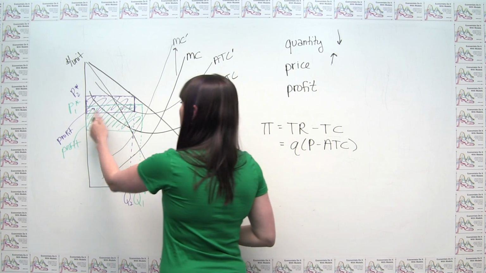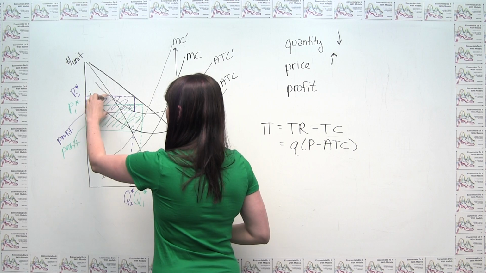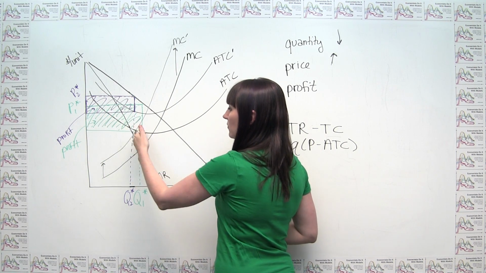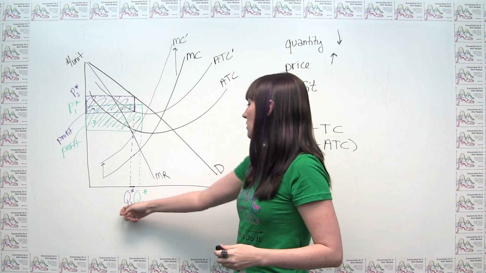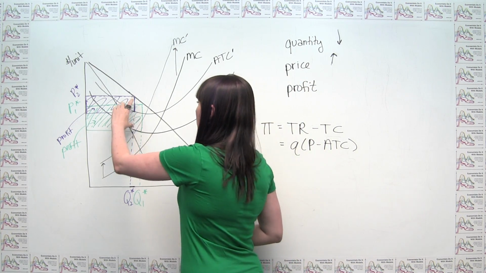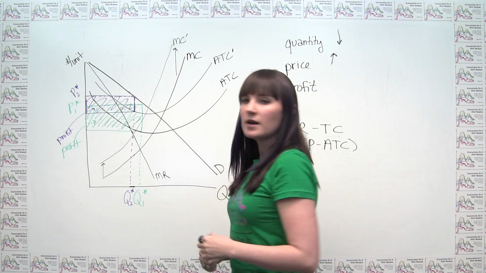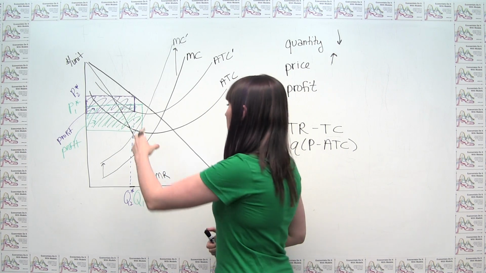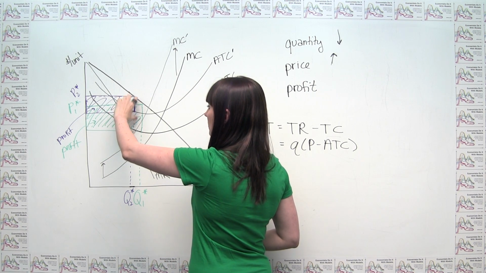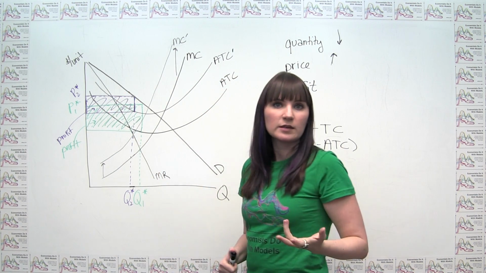So we know for sure that the width of the profit rectangle for the purple one, for the new scenario, is smaller than the width for the old one, simply because we know that the quantity is lower. Technically speaking, it's not entirely obvious whether the height of the purple rectangle is smaller or larger than the height of the green rectangle, right?